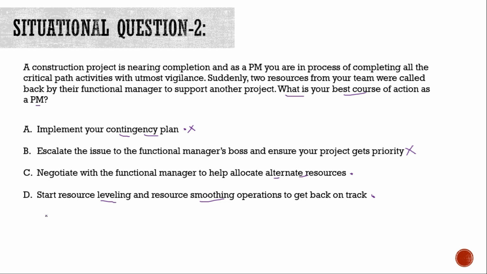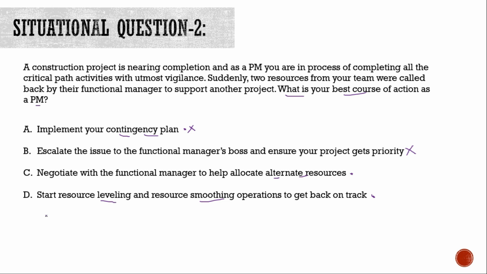Okay, now if you let your resources go just like that, anybody will come to you and take your resources away from your project. Okay, now here you need to put your step ahead and work as a more inclusive project manager and work with the functional manager to identify whether there are any alternative options left or not. You cannot just let your resources go and jump right onto the other steps such as resource leveling or resource smoothing.